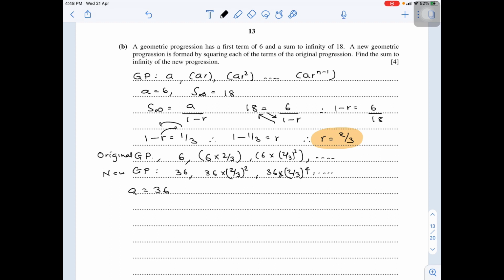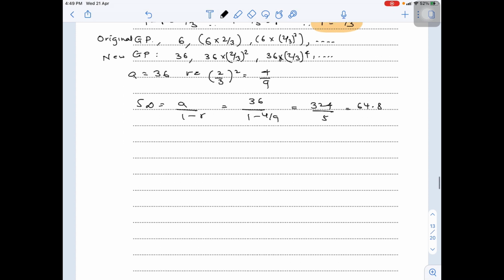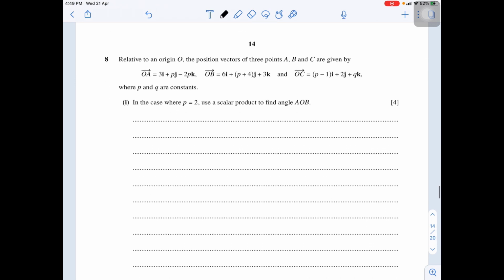So for this progression, A is 36 and R is 2 over 3 squared, which is 4 over 9. S infinity is A over 1 minus R, so that is 36 over 1 minus 4 over 9. Using a calculator gives me 324 over 5 or 64.8.